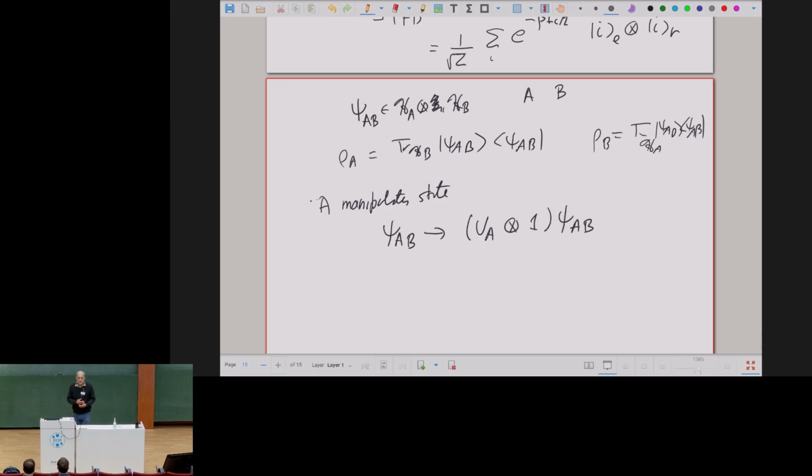In other words, you can apply a unitary operator on system A, but you can't act directly on system B. That will transform rho A to UA rho A UA inverse, but it will do nothing to rho B. So whatever observer A does to the system does not change the density matrix of system B, and therefore does not affect any measurement made by the observer who has access to system B. That's the general relationship in quantum mechanics when you have an entangled state of two subsystems. It's a subtle correlation function which can be used to violate Bell's inequalities, but it can't be used for communication.